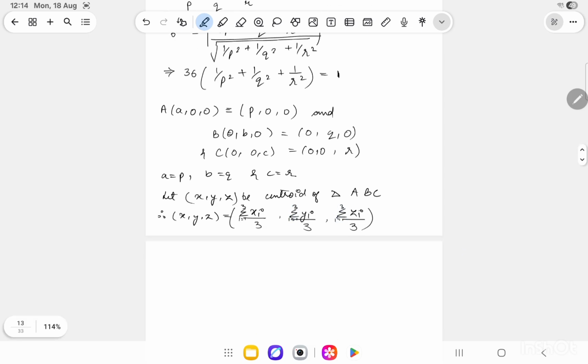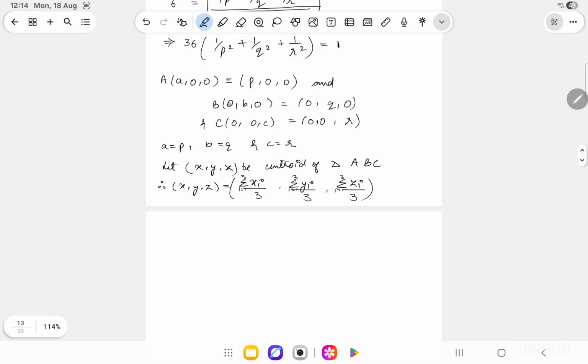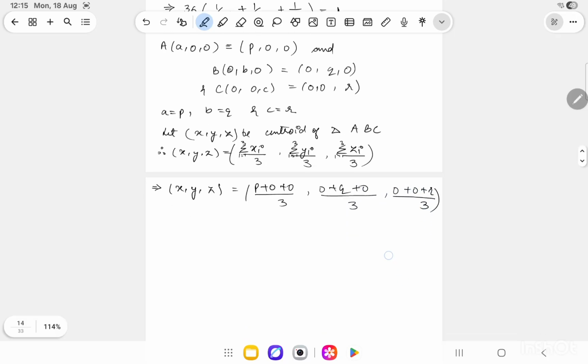If I substitute values of xi, yi, zi, I'll get x comma y comma z equals p plus 0 by 3 comma 0 plus q plus 0 by 3 comma 0 plus r by 3. If I simplify this, I'll get p equals 3x, q equals 3y and r equals 3z.